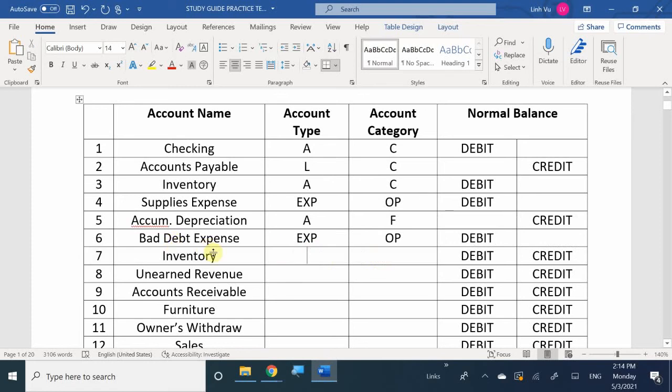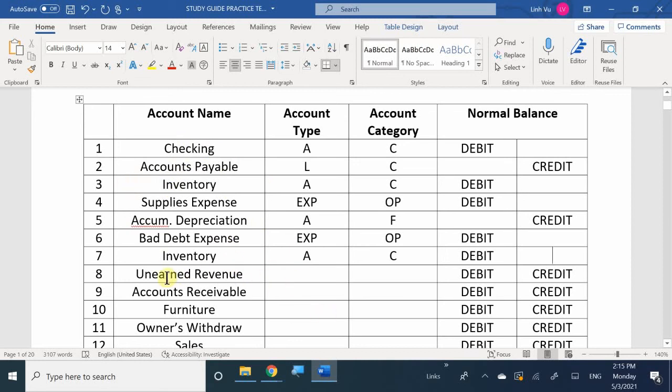If you want to answer it, what is inventory? It's a current asset. I added another account when it wasn't supposed to; I think I was moving accounts back and forth.